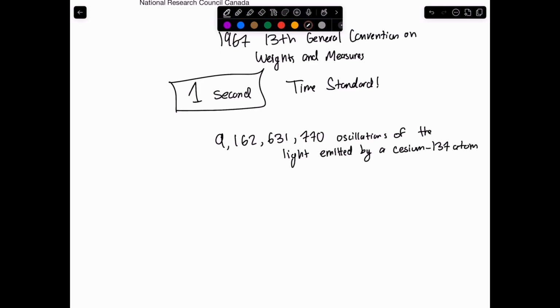So, a cesium-137 atom emits oscillations of light about 9 billion times, and that time period is what we define as 1 second.